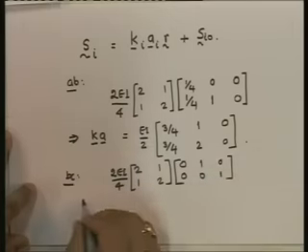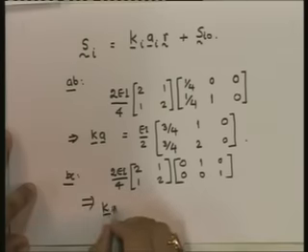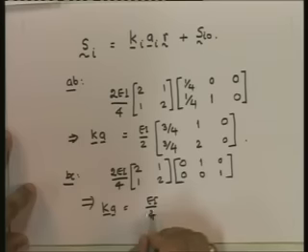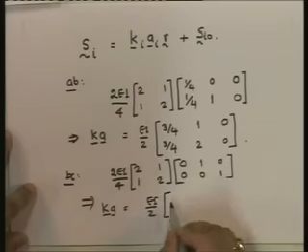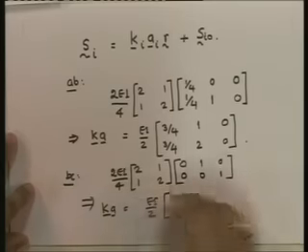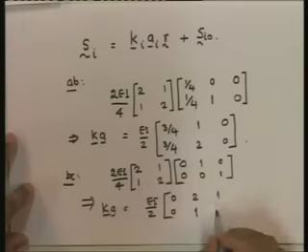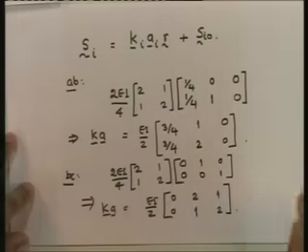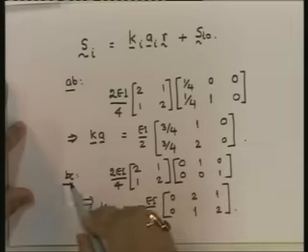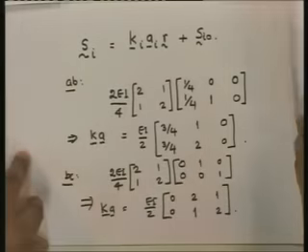So this implies that KA is equal to EI upon 2. The first one is 0 0, the second one is 2 1, the third one is 1 2. Okay, so this is KA for BC.